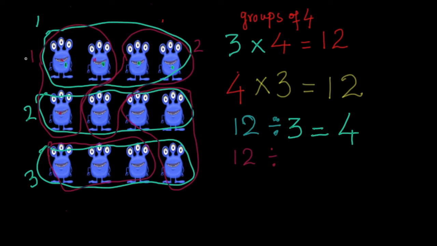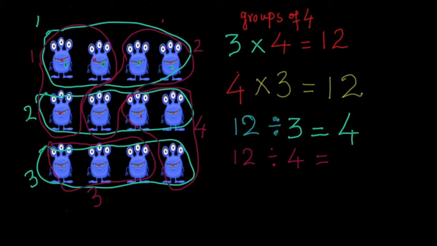So how many groups have we made? 1, 2, 3, and 4. So we have made 4 groups. This is another way of dividing these aliens into equal groups. So because we have 4 groups, we can write 4, and then how many aliens are in each group?